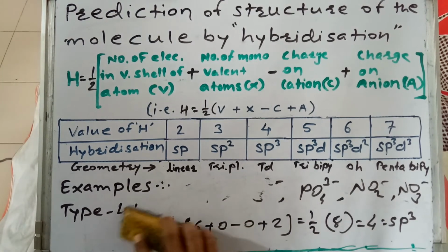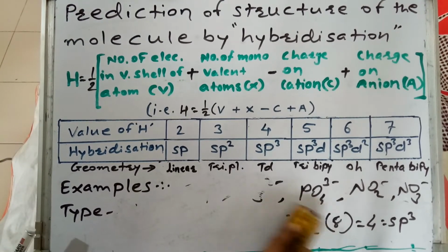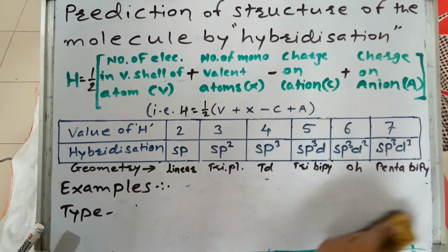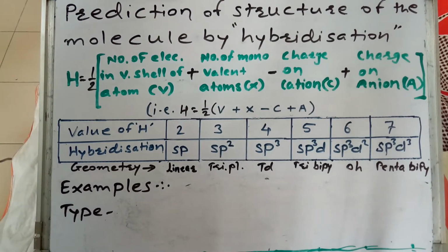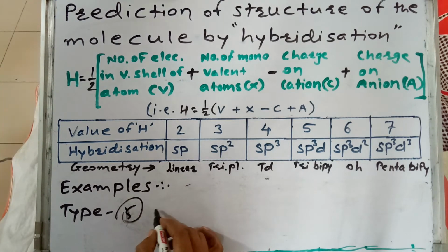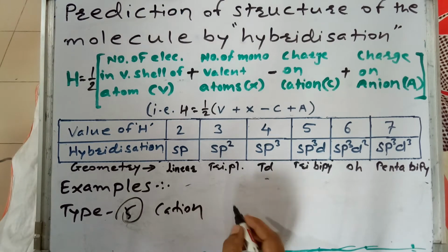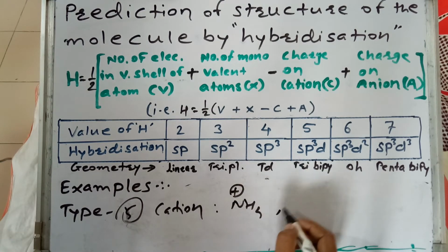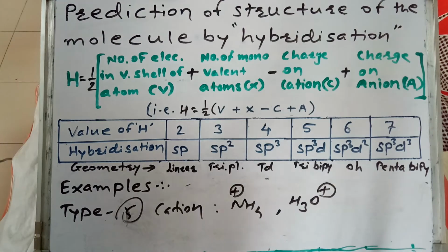Now another type, type 5, in which we can find out the hybridization of the atoms present in cations. Examples of this 5th type are NH4 plus, as well as we can write H3O plus. Take the example NH4 plus, the hybridization of this nitrogen.